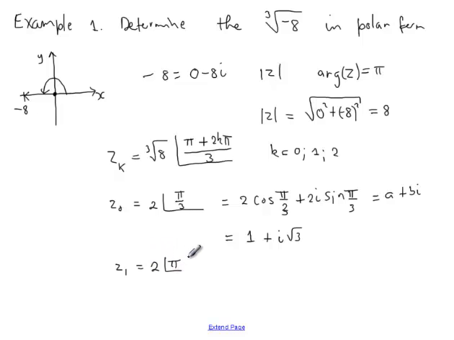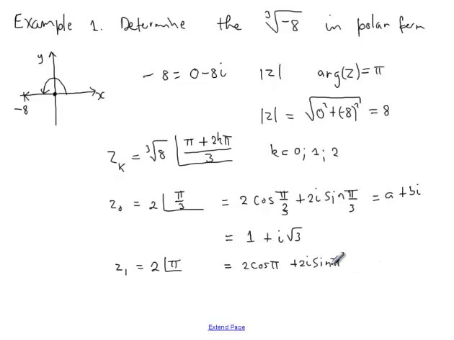This kind of notation is very handy when you're working this kind of problem. I think that's the advantage of it. Then you come here, you say now 2 cosine pi plus 2i sine pi.